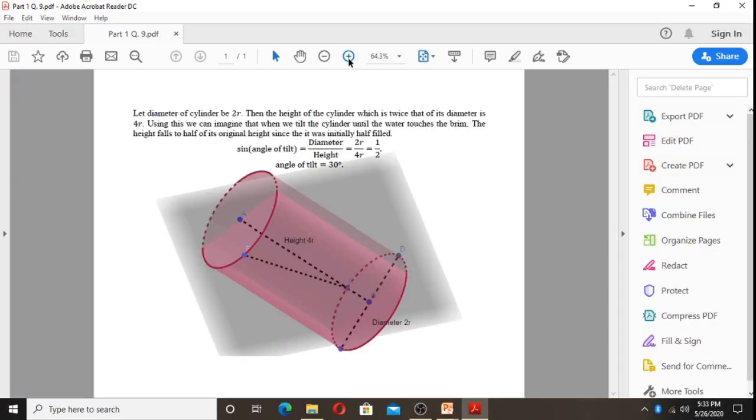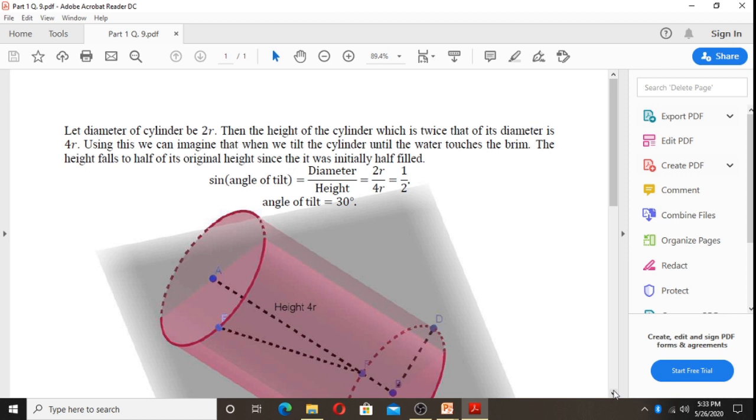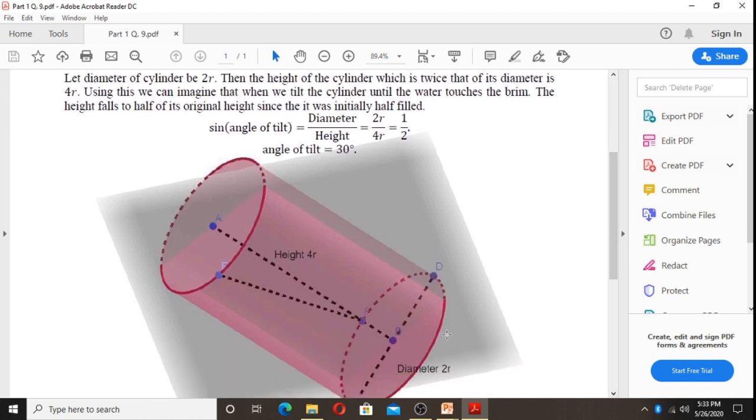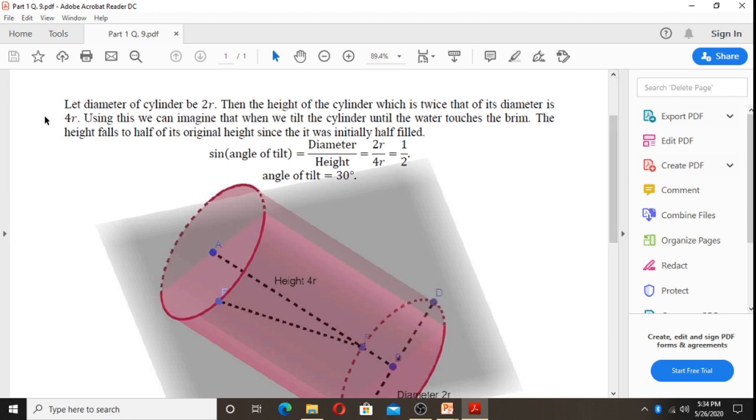And the explanation is, see, this is the cylindrical container with diameter 2 times radius, that is 2r, and height it is given as the double of diameter, that means it is 4r. And as it contains half of the water, we can say that when we tilt the cylinder until the water touches the brim, the height falls to the half of its original height, since it was initially half filled.